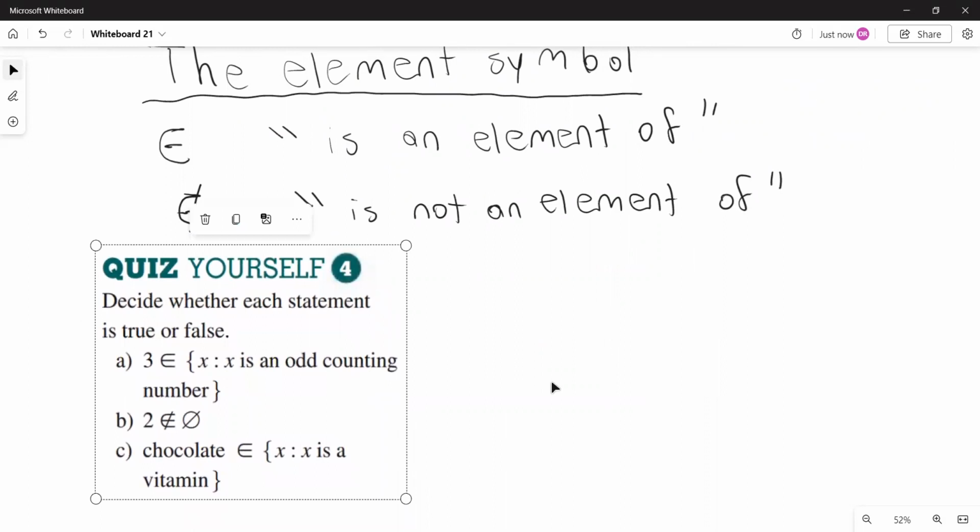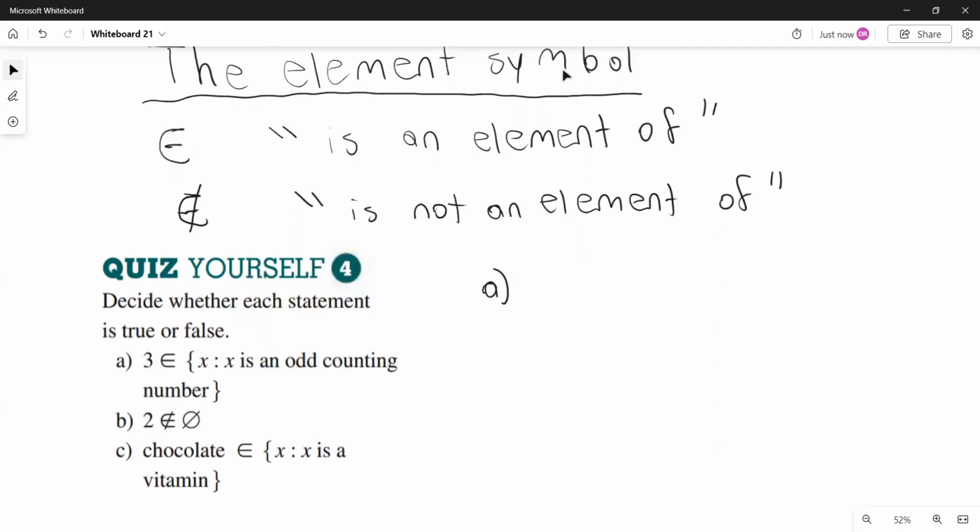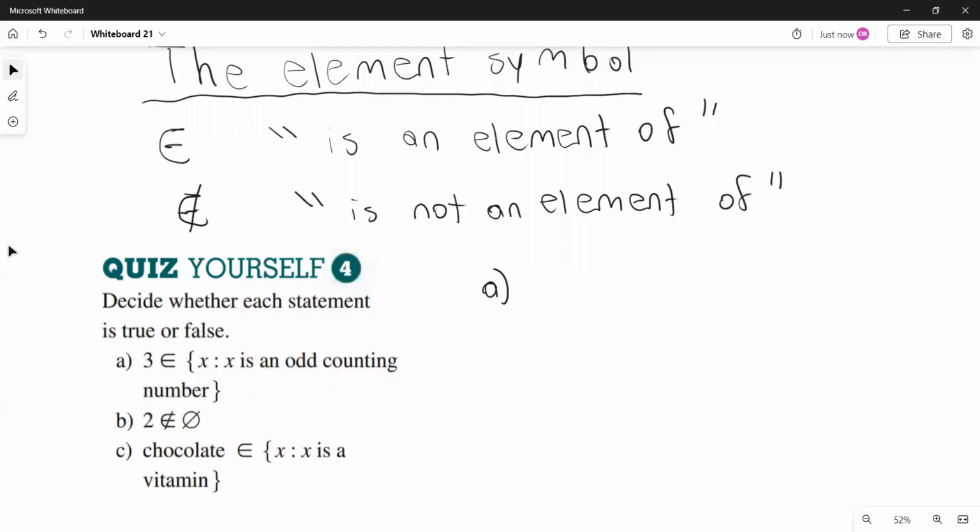Okay, so we're going to decide whether each statement is true or false. We're going to decide whether each element is true or false.